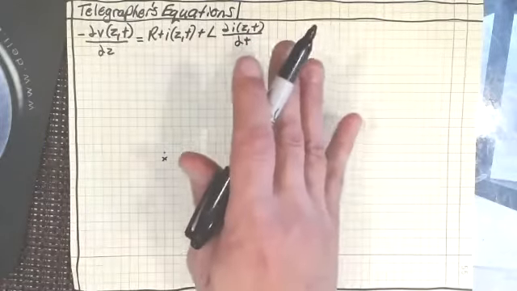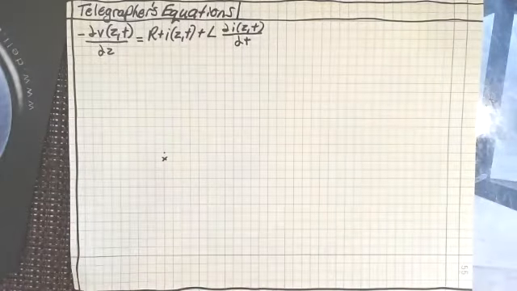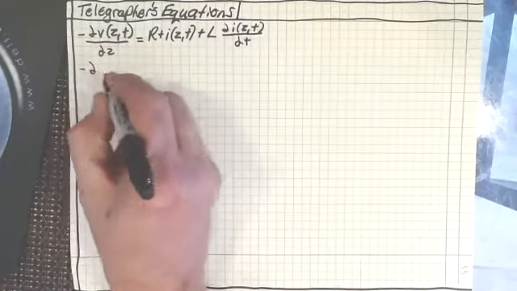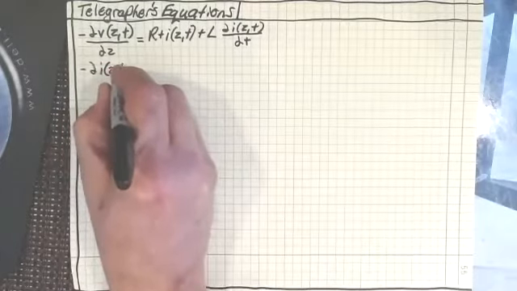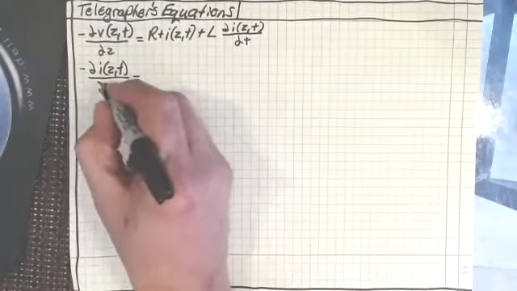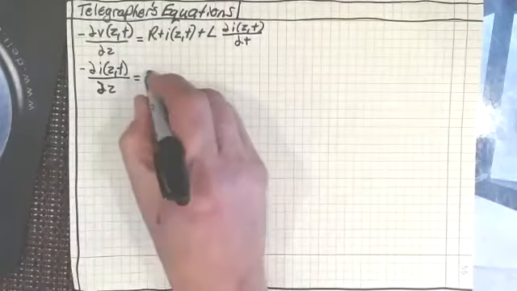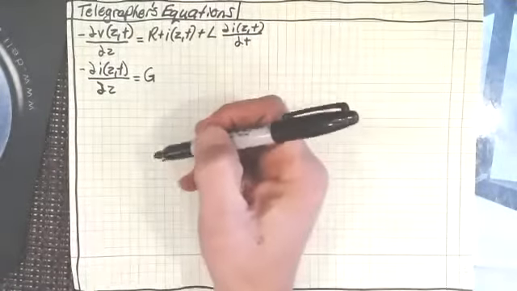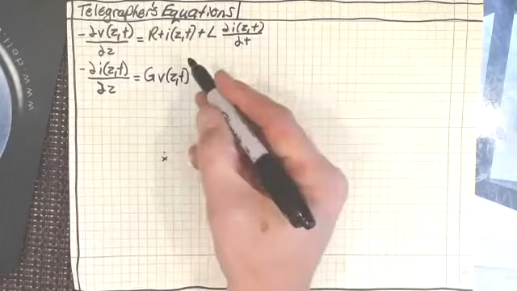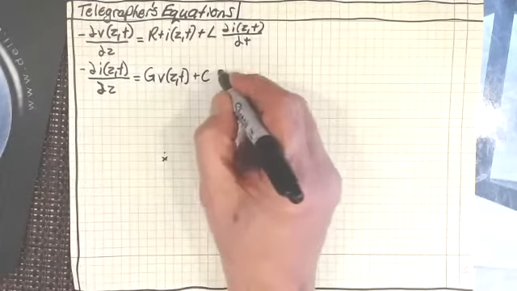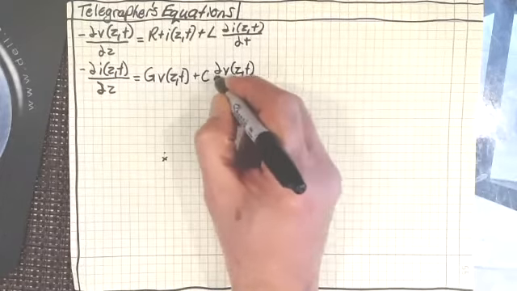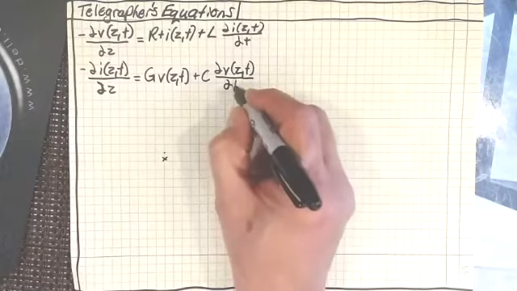So that's why we've got to look at this as a two-variable function. Now, that's only the first Telegraphers equation. The second Telegraphers equation is minus the partial derivative of I as a function of z and t with respect to z equals G, and we've talked about that, times v as a function of z and t, plus C, partial derivative of v of z and t with respect to t.